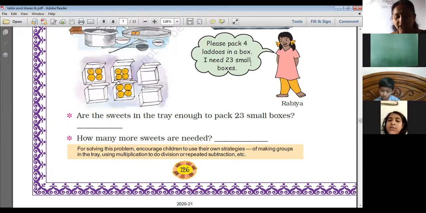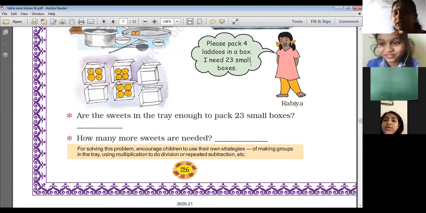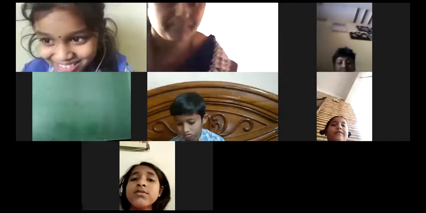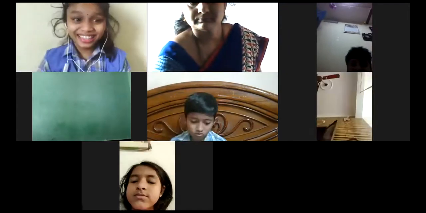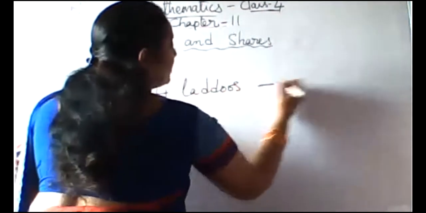So in one box, how many laddus do we need to pack? 4 laddus. So for 23 small boxes, how many laddus do we need? What do we have to do? So 4 laddus in one box.